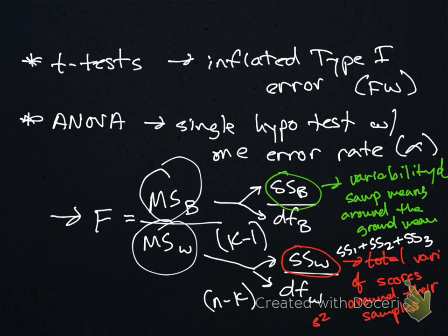And ultimately, that gets us around this inflated type 1 error problem, and allows us to assess whether multiple groups are different from one another without that issue of inflated type 1 error. Since ANOVA has just one null hypothesis, one alpha rate, and one decision to reject or fail to reject the null hypothesis.